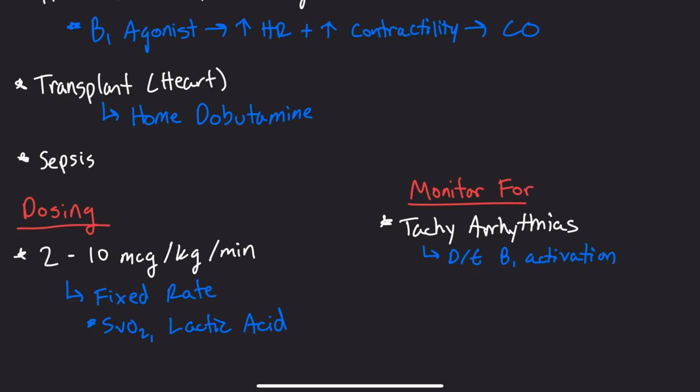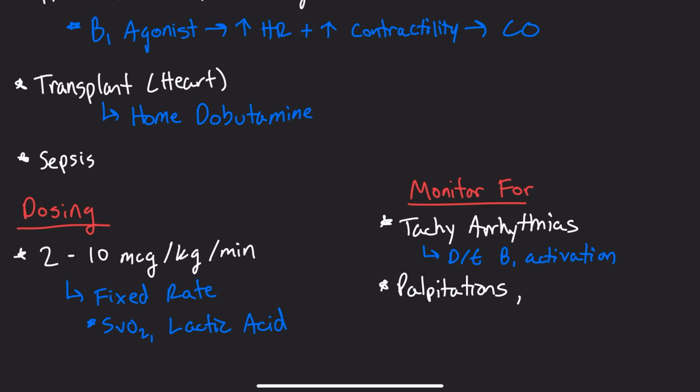So you'll get an increase in your heart's excitability. You might see little runs of VTAC or just an increase in heart rate in general. Especially when you're just starting it, be careful of that, especially if they're already a little tachycardic. Along the same lines with tachyarrhythmias is palpitations.